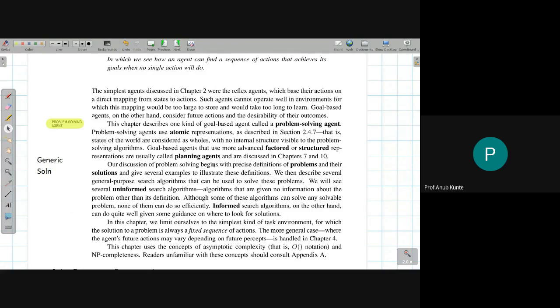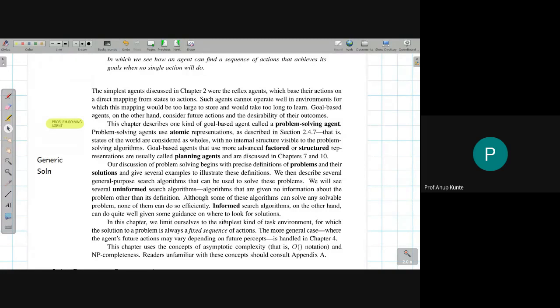The book says that problem solving agents use atomic representation for the states. They are goal based agents. They use atomic representation for states. States of the world are considered as a whole. The internal structure is not visible to problem solving algorithms.